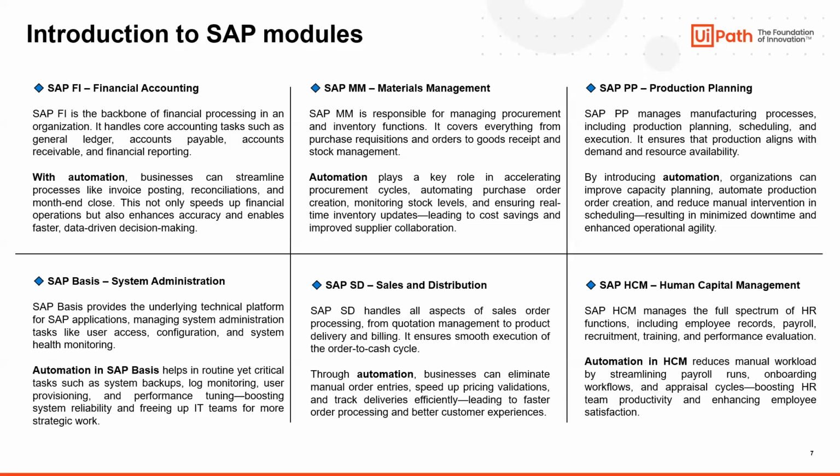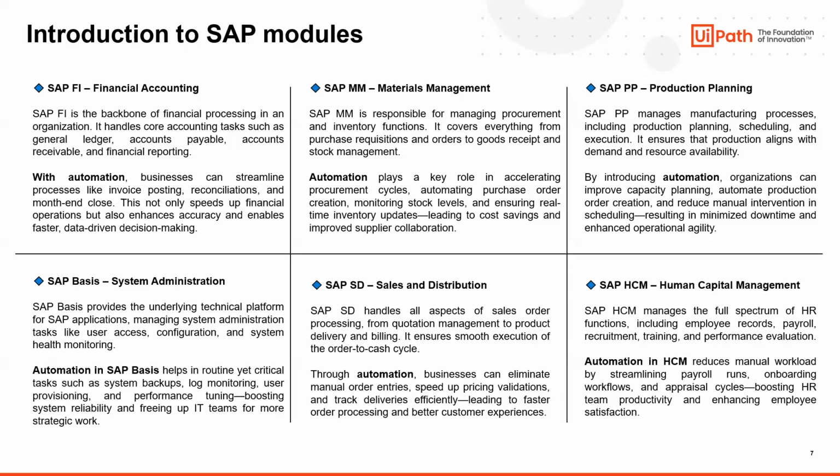A few of the processes where automation can be applied in the SAP MM module are automating the purchase order creation process and monitoring the stock levels, so that the inventory can be checked in real time. And we'll see this PO creation process in a few slides as well, how it can be done and what the details are.